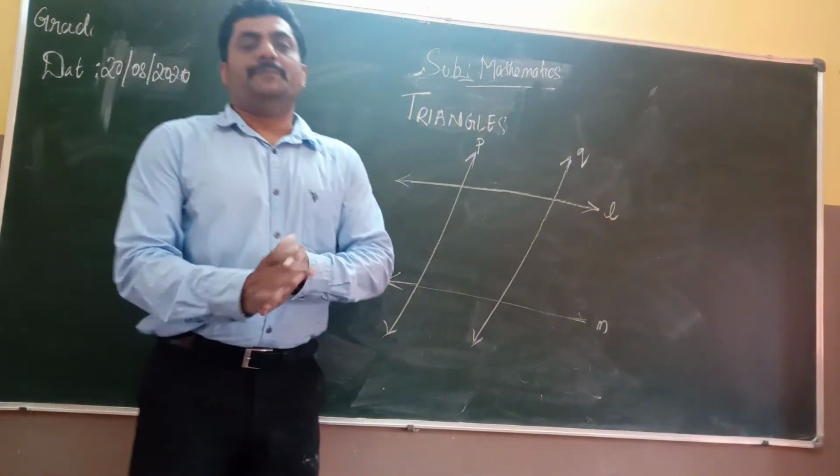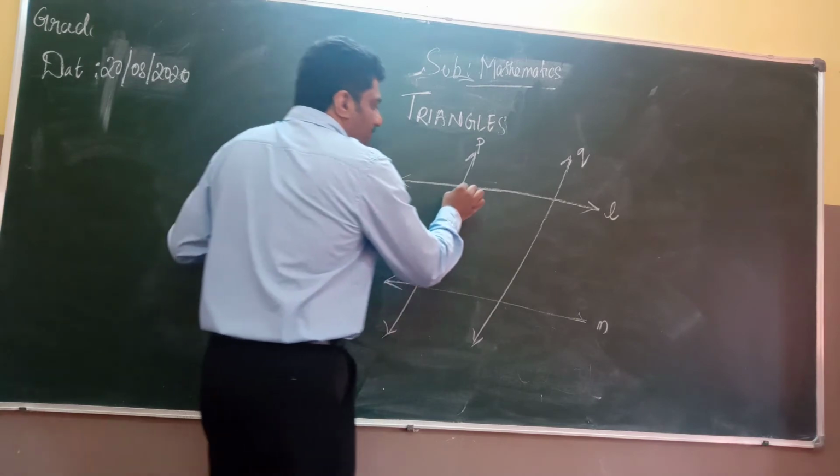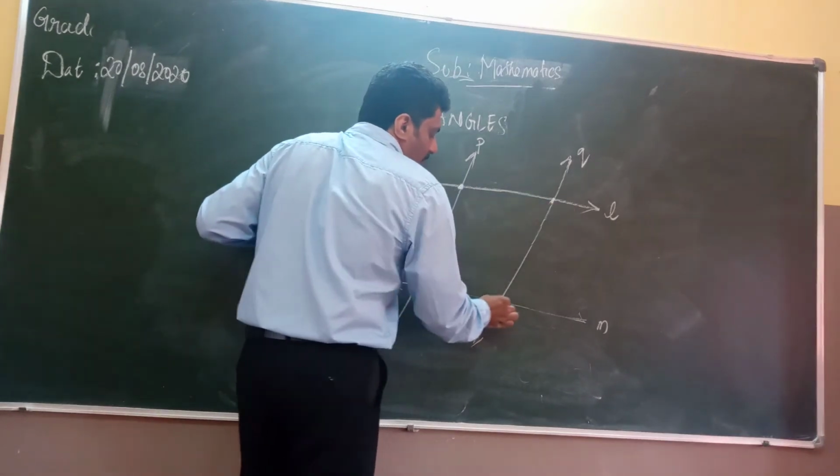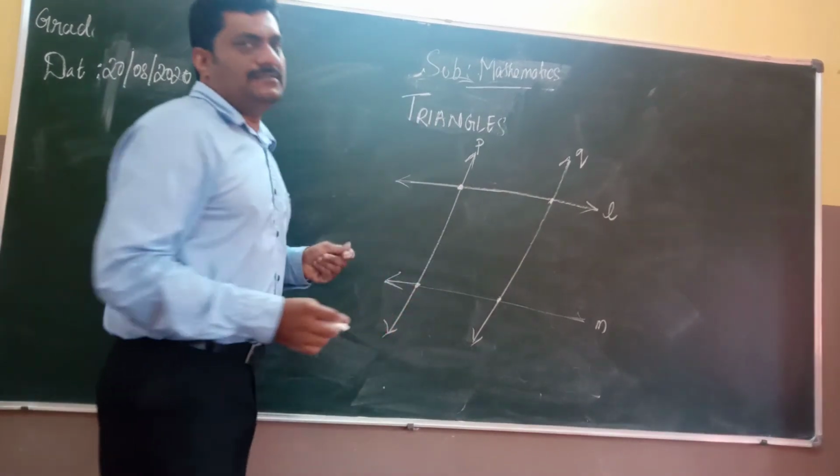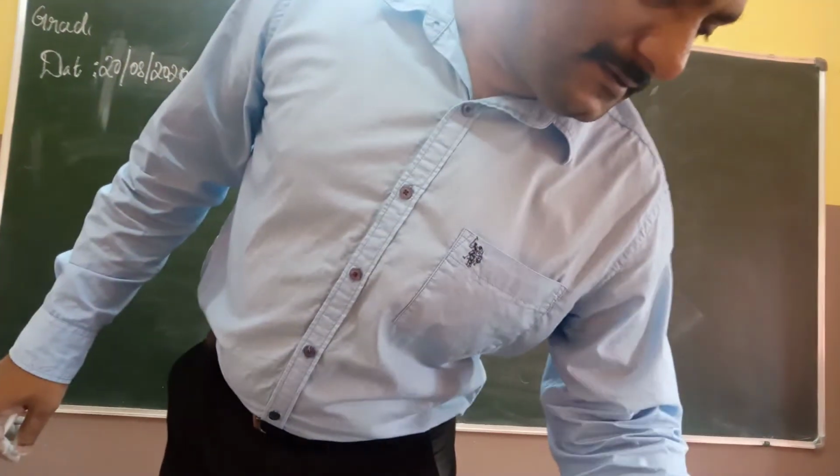Once two pairs of parallel lines intersect, whatever the diagram which you get, the polygon, it is always a parallelogram. Remember that.